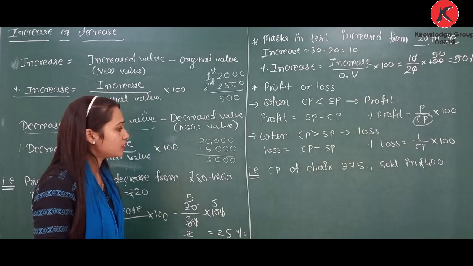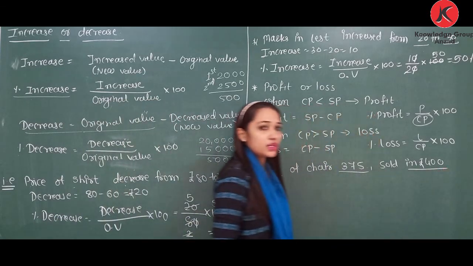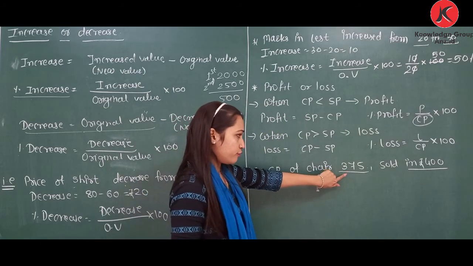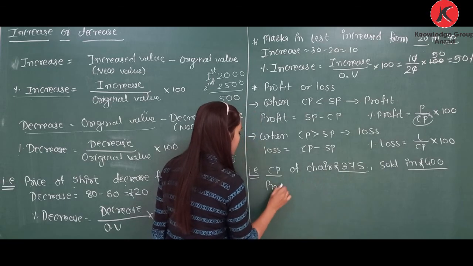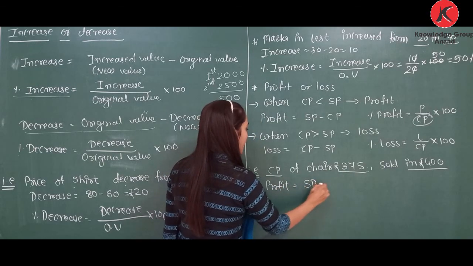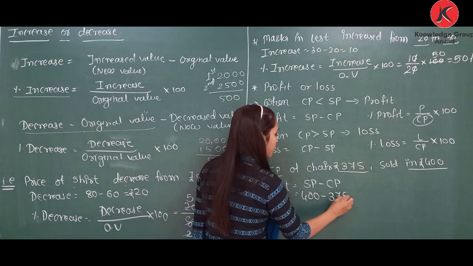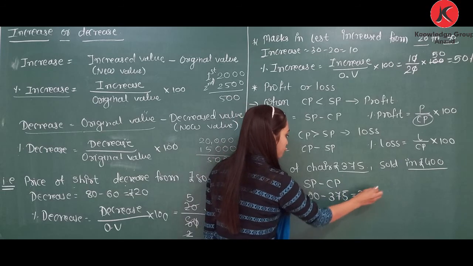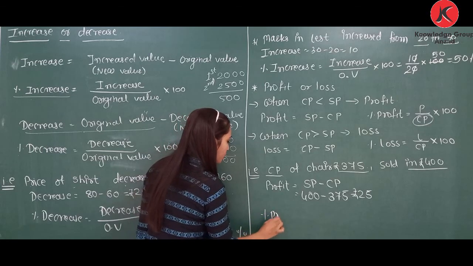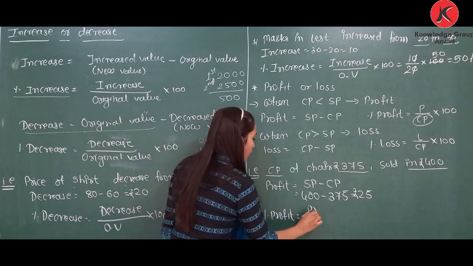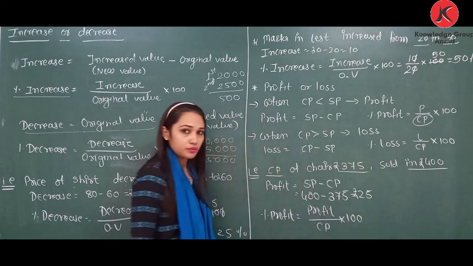So let's take an example. Cost price of a chair is 375 and it is sold for 400 rupees. You buy at 375 and sell at 400. So it is a profit. How much profit? Equation is SP minus CP. Selling price is 400, cost price is 375. So it is 25 rupees profit. Now we want to find the percentage. The percentage profit is equal to profit divided by CP multiplied by 100.